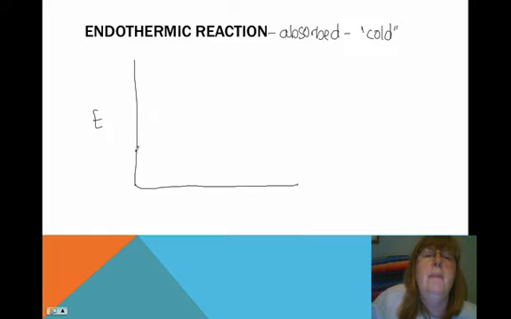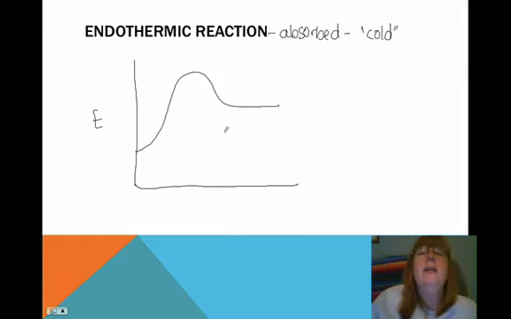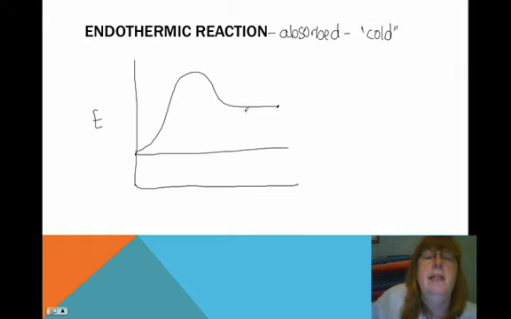And let's draw a potential energy diagram for an endothermic reaction. Aha, look, the energy of the products, that's here, energy of the products is higher than the energy of the reactants. And so we would say that delta E here, and we can also have values on our y-axis here.